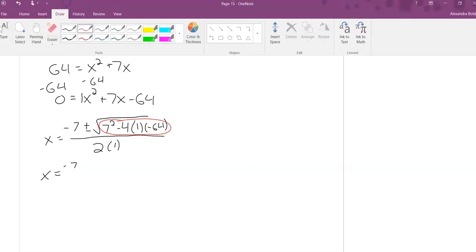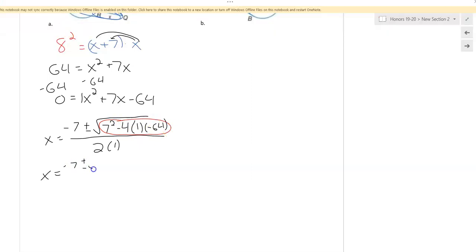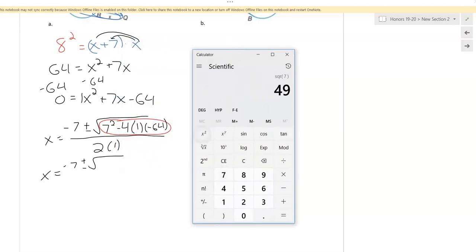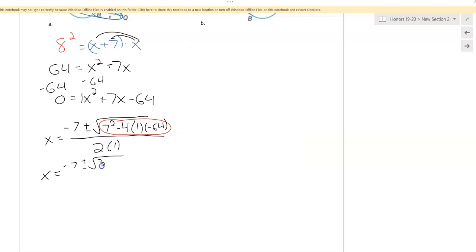The square root is still there. So, we have 7 squared minus 4 times 64, the opposite though. Which equals 305.